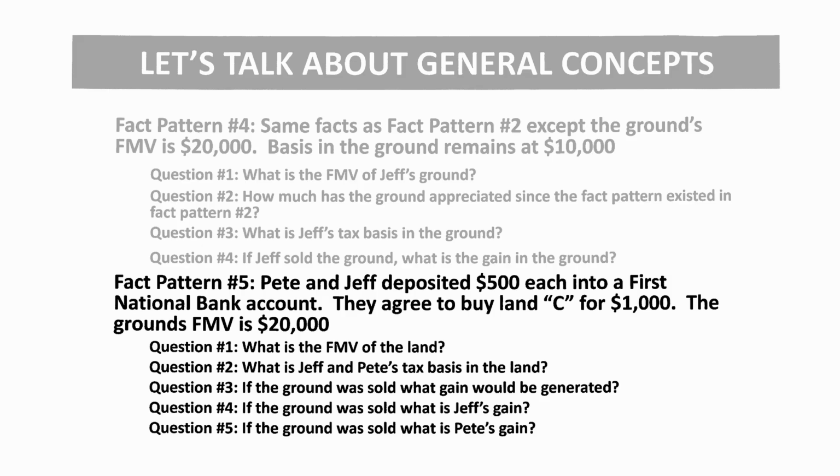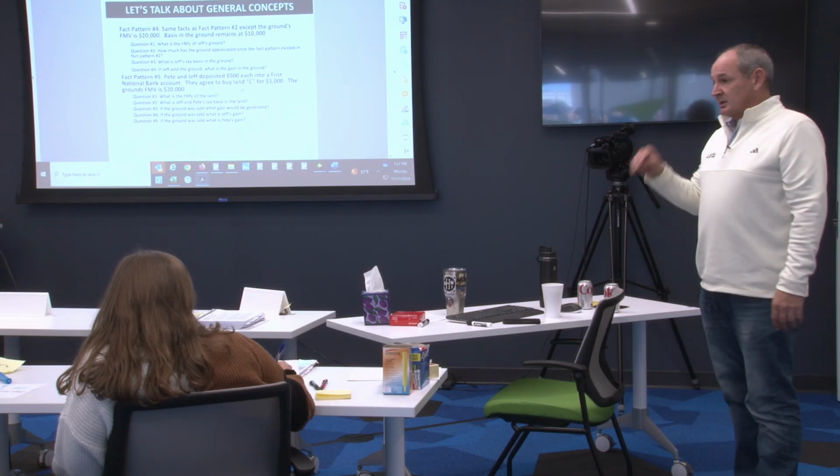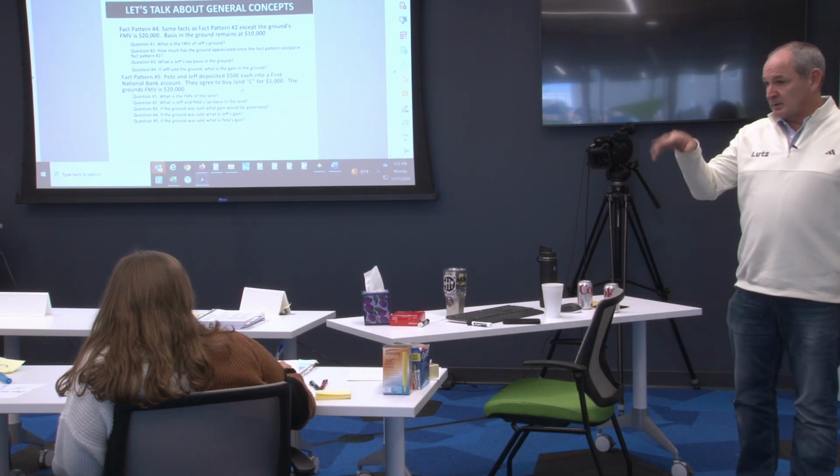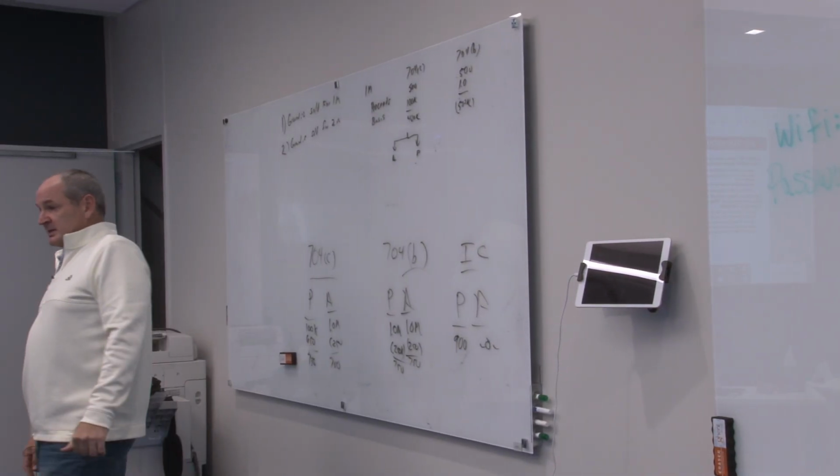Okay, so part of this exercise is truly trying to demonstrate that appreciation that occurs after people get together, which we had up here at 2 million and 1 million, is going to be split based on the agreed upon allocation, and the inherent gain is going to go through a required allocation.